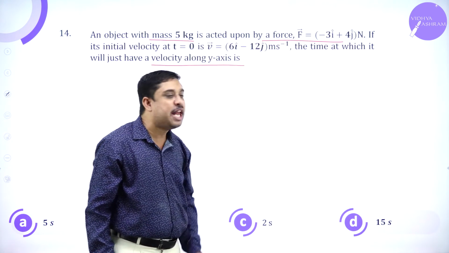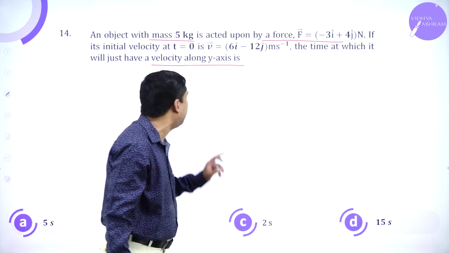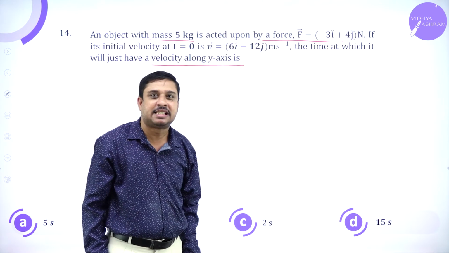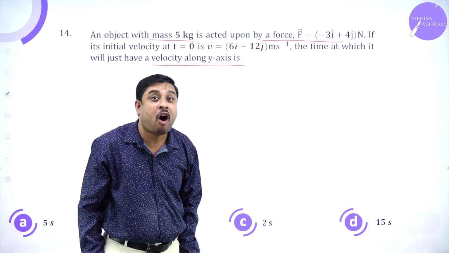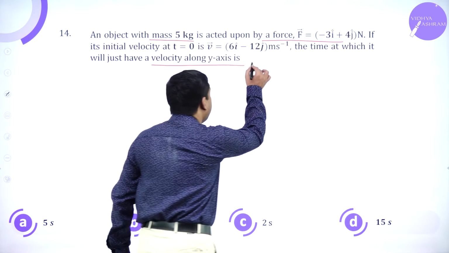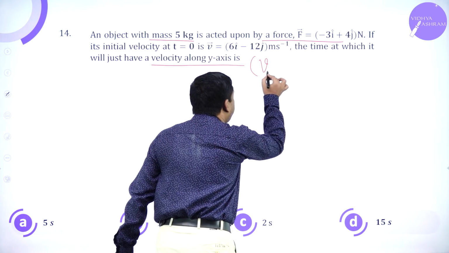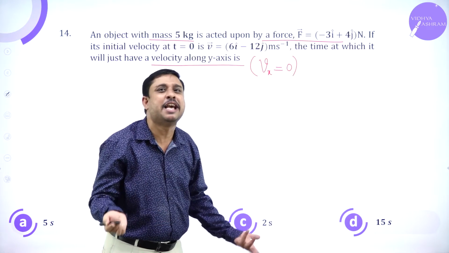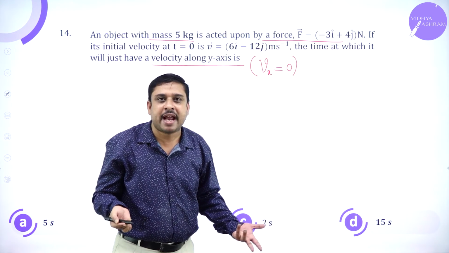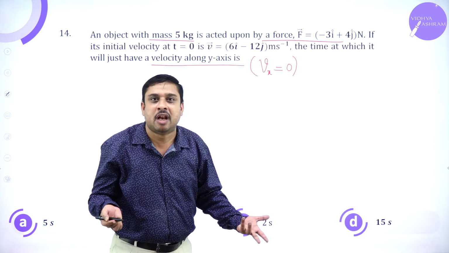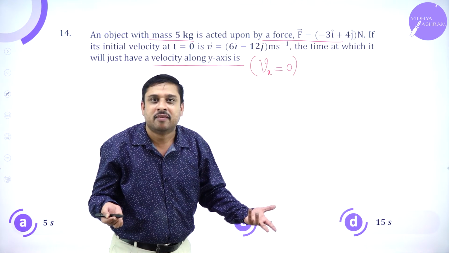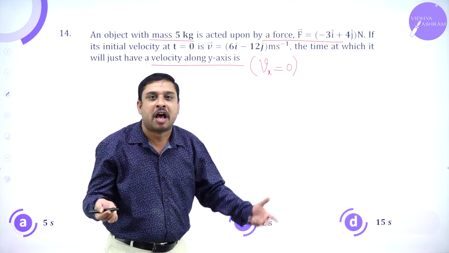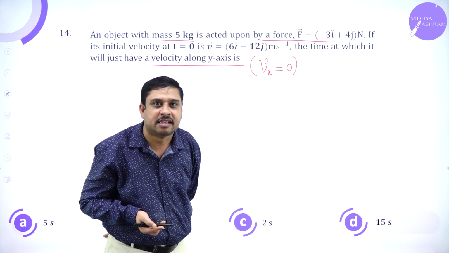I have to calculate the time interval where the body has velocity only along the y-axis, which means the component of velocity along the x-axis is 0.